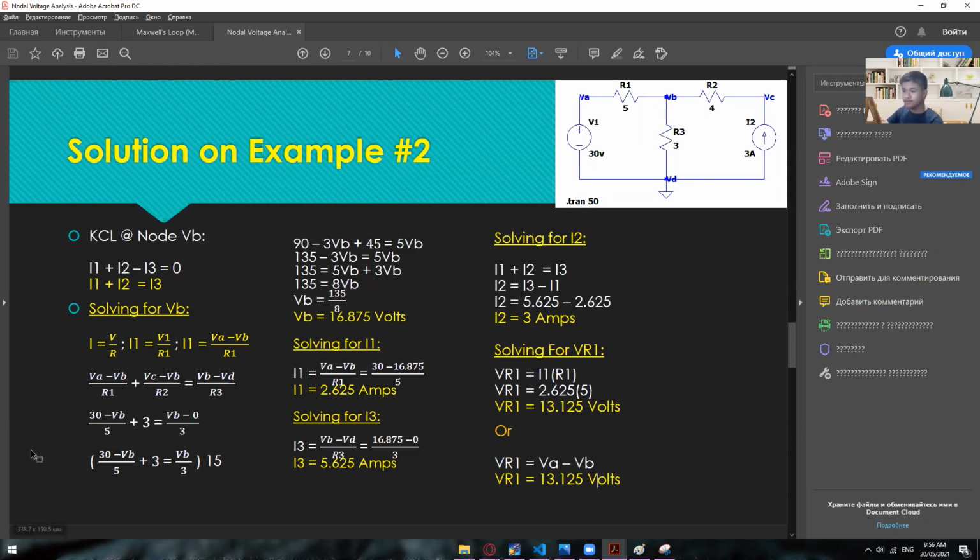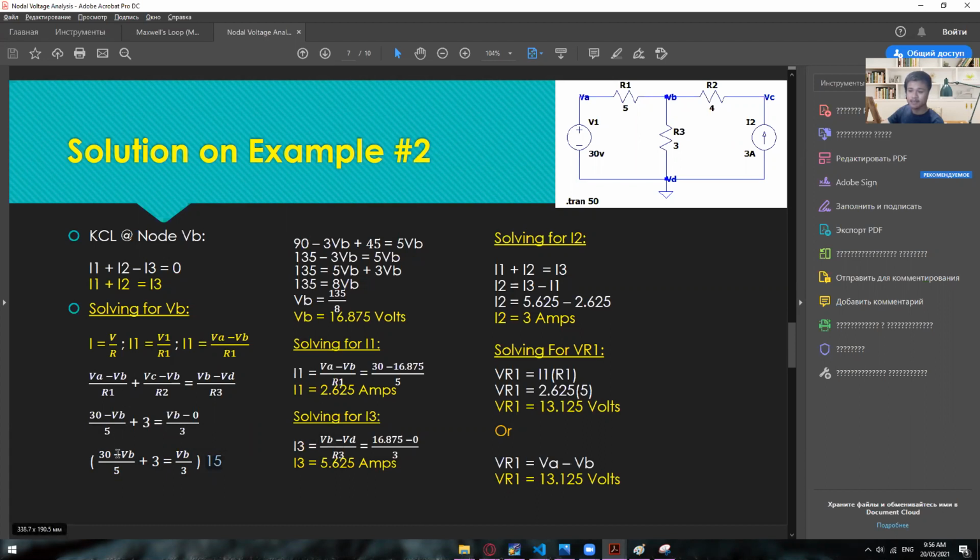My 15 right here, Miss Chelsea, on the multiplication. In here I just multiplied 15 because my goal is again to eliminate our denominators. So again 15 divided by 5 is 3. So 3 times 30 is 90.